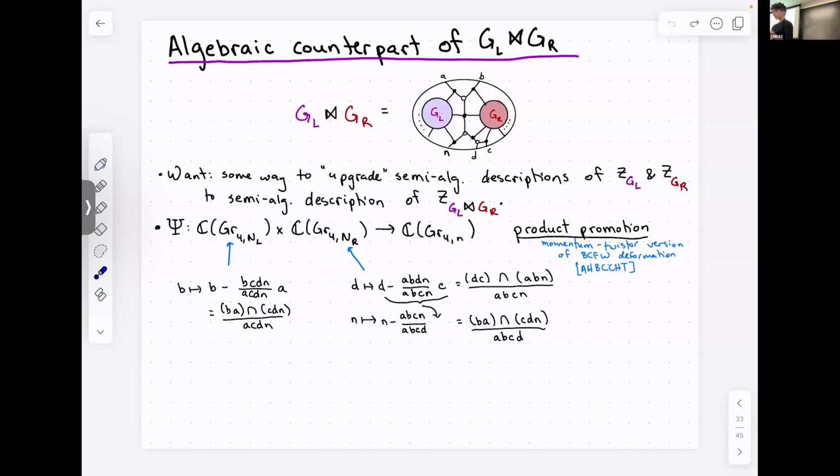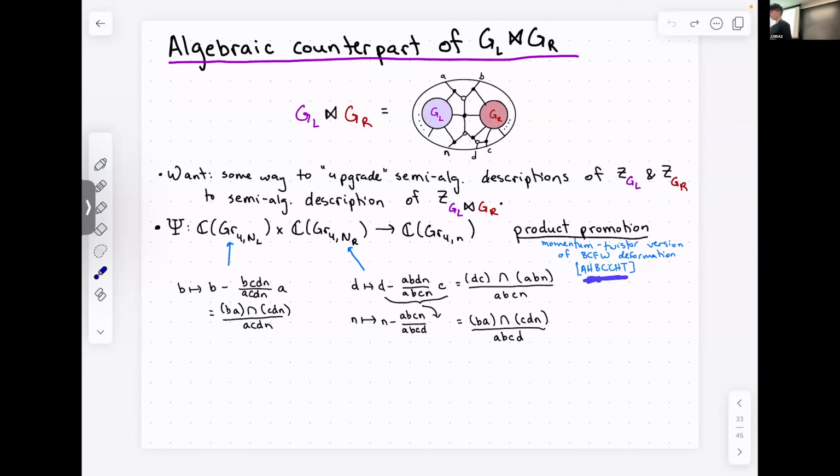It's a map from the Gr4 for the left tile and the Gr4 for the right tile to the Gr4 for the big tile. And what does this map do? Well, for physicists, this is just the momentum twistor version of the BCFW deformation.